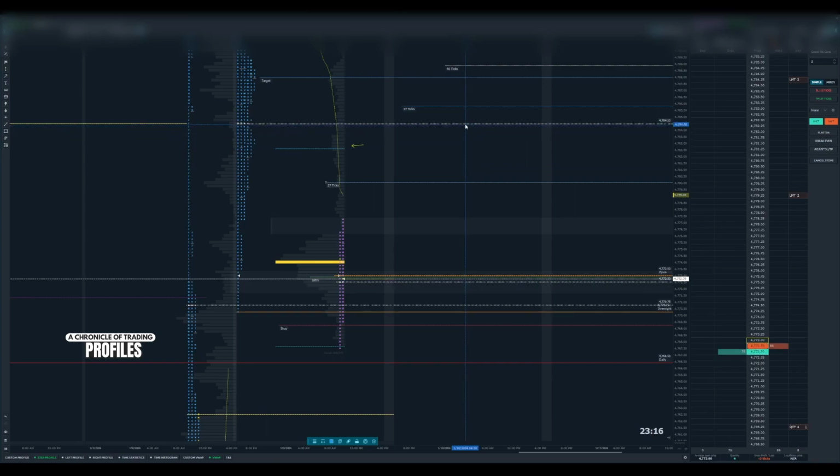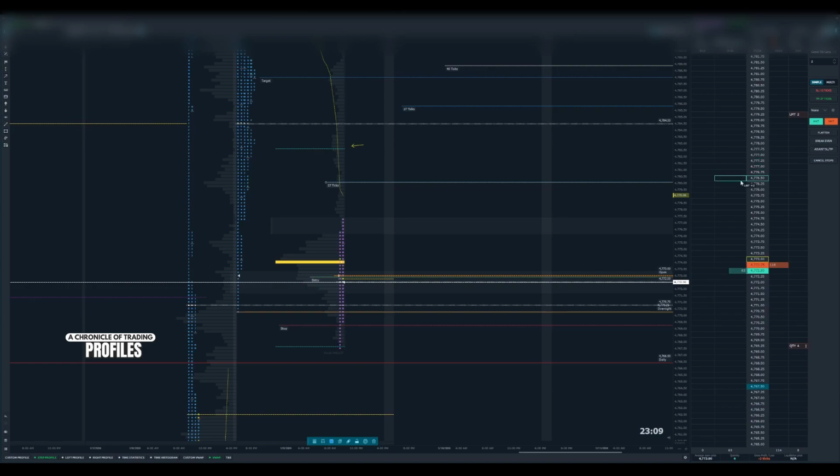I want to see us get acceptance into that bigger node and not get kicked back down under that overnight low.